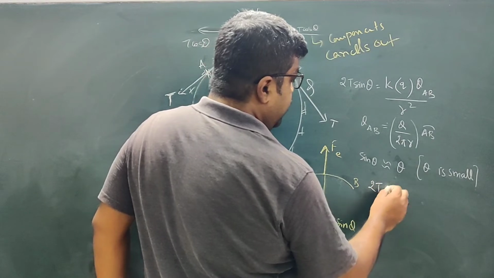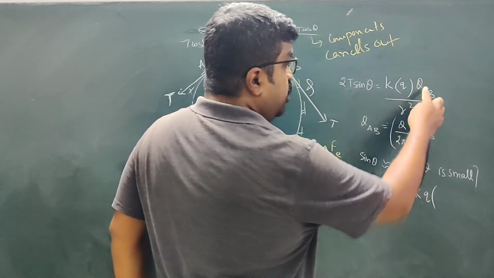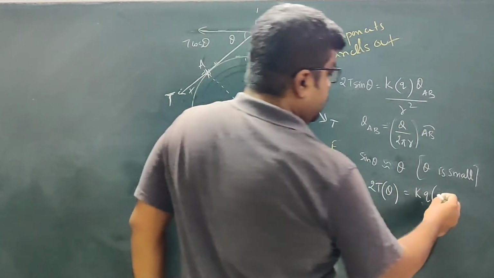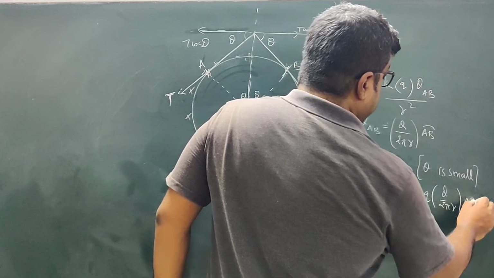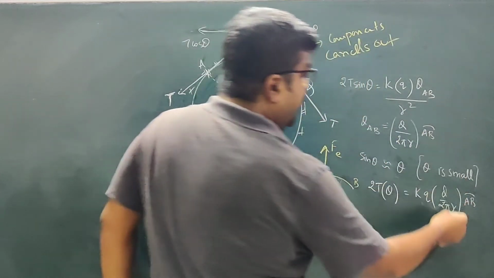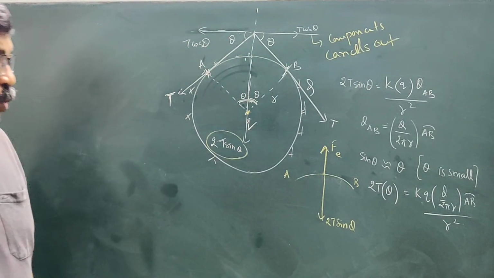This becomes 2T theta is equal to K Q. QAB can be replaced by this term, so this is Q by 2πR times AB, divided by R square.